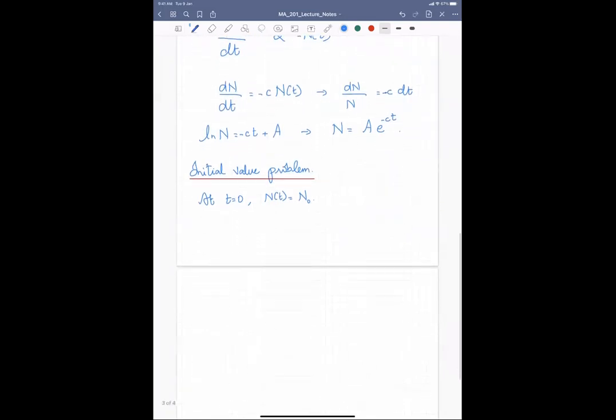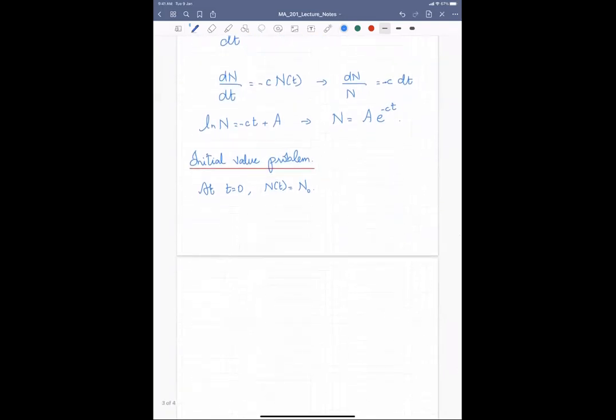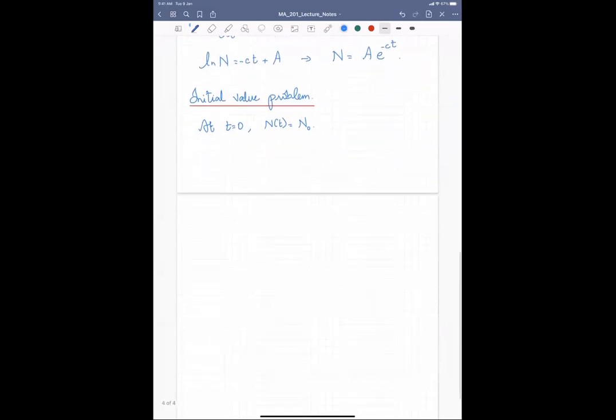So the way I formulate this problem is by claiming that I have a differential equation, dn dt equals minus cn. And I also have a condition that at t equal to 0, n of t is n0.